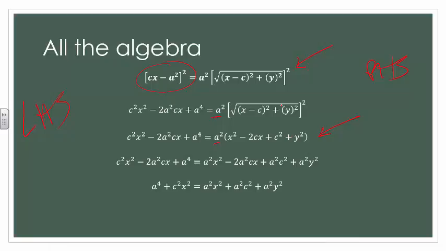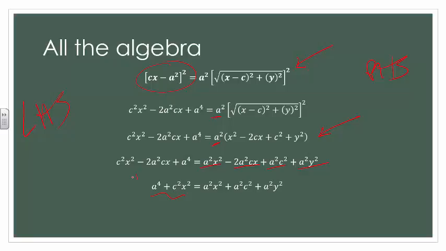Moving a little further along, we notice once again we've left the left-hand side the same, and on the right we've distributed our a squared, giving us a squared x squared minus 2a squared cx plus a squared c squared plus a squared y squared on the right. And now we're going to work with the left again. You'll see we have a to the fourth power plus c squared x squared.